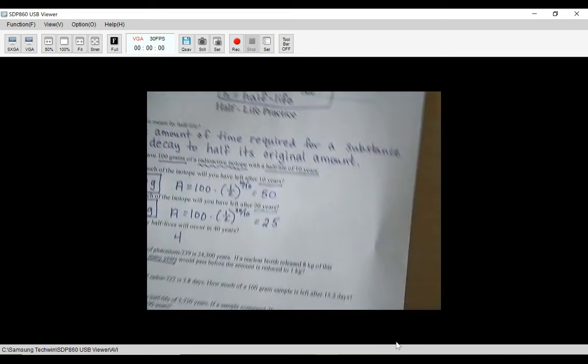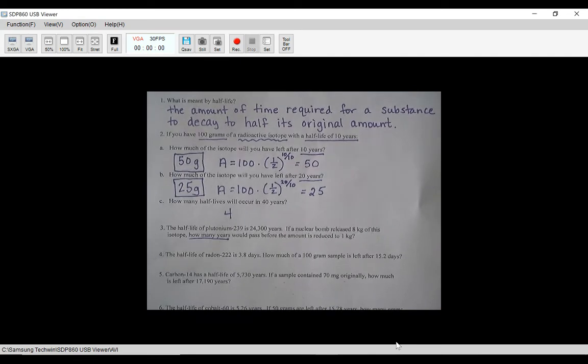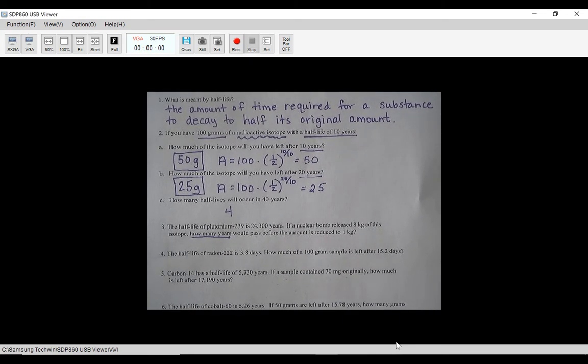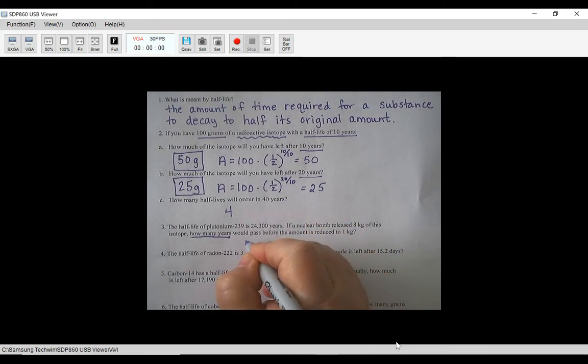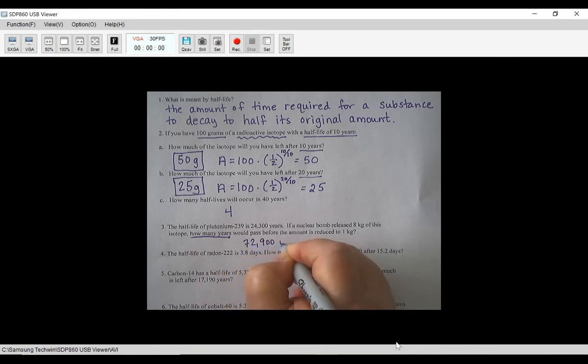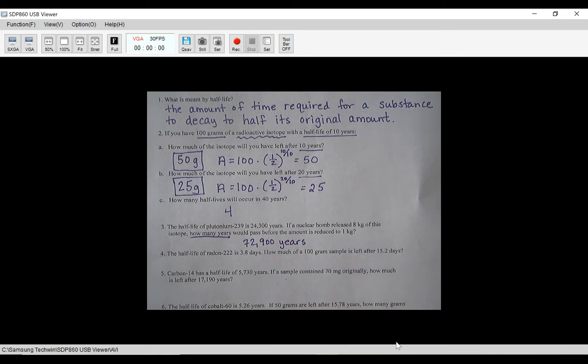Okay. So I'll go back here and answer number 3. So that was 72,900 years. Wow. So making a table can be very, very helpful in problems like this.